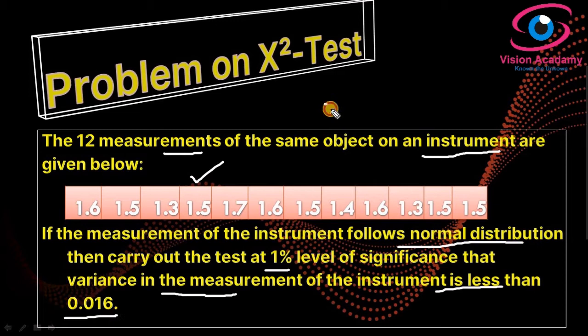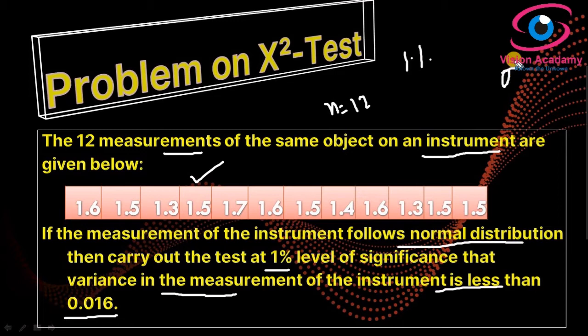0.016. It means we have firstly 12 samples, that n is equal to 12, and we have to test at 1% level of significance. We have to test that variance in the measurement of the instrument is less than 0.016. So which means we have population variance.